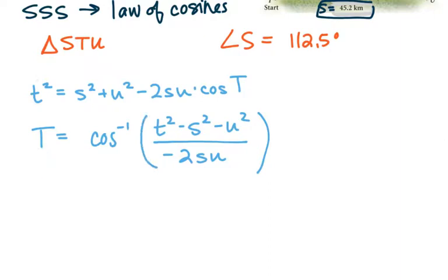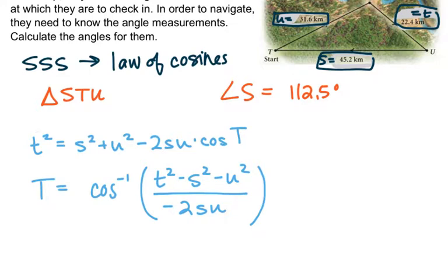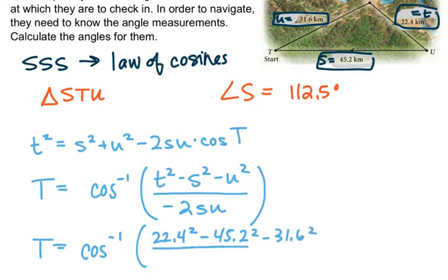All right, so I sometimes find, recognizing this pattern, and you do enough of these problems, that you just kind of know this is the way you're going to set it up to find that value. So from here, I'm going to plug my T and my U and S values in. That's going to be cosine inverse of 22.4 squared minus 45.2 squared minus 31.6 squared, all divided by negative 2 times 45.2 times 31.6.